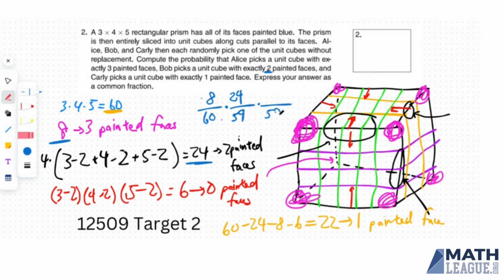Similarly, for Carly, there are 58 left, and we need 1 painted face. There are 22 of those. So it's 8 times 24 times 22 over 60 times 59 times 58. If we simplify this, the answer is going to be 176 over 8,555. So that is our answer to this problem.